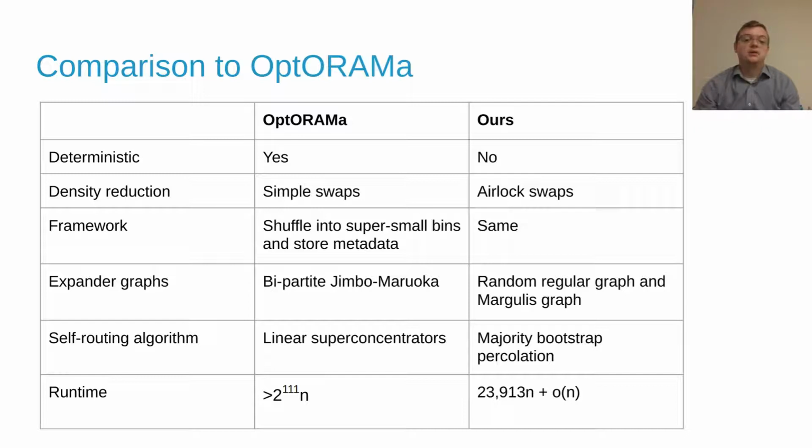I'm also going to comment here that both our algorithm and OptORAMa use the same trick, which is that if you shuffle into small enough bins, then you can pack metadata about those bins into a single memory word. So this is a hack to get around the big O of 1 client memory size.